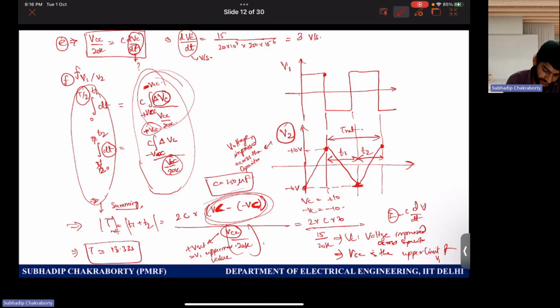So the frequency now I can find from here is 1 by T, which is nothing but 0.075 hertz. The frequency you found is 0.075 hertz.